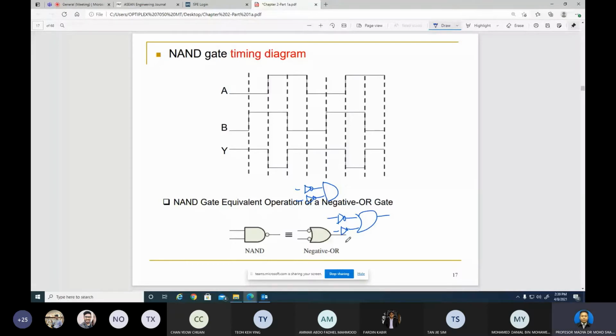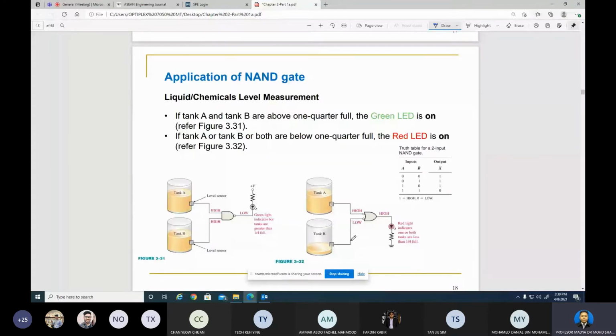So this is an application of the NAND gate. You can see this one. If tank A and tank B are above 1/4 full, the green LED is on. You can refer to the figure here. This is 1/4 here, and maybe we have the sensor here. If both detect more than this level, the green light is on.